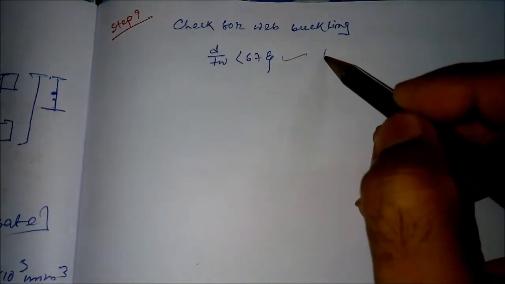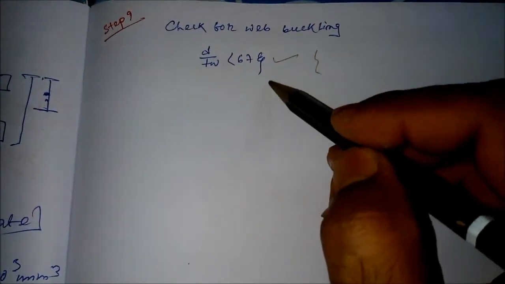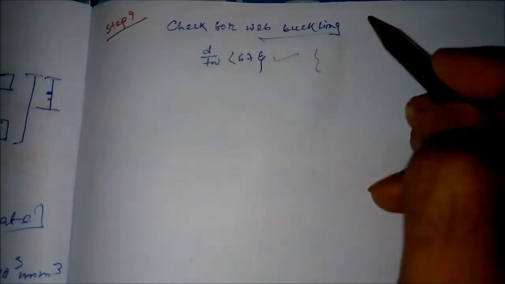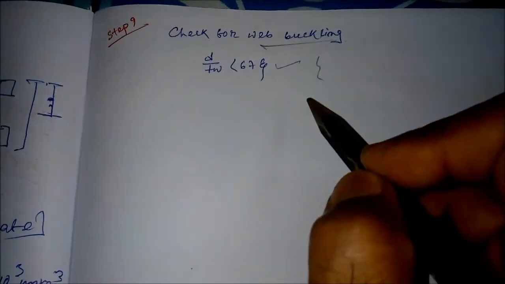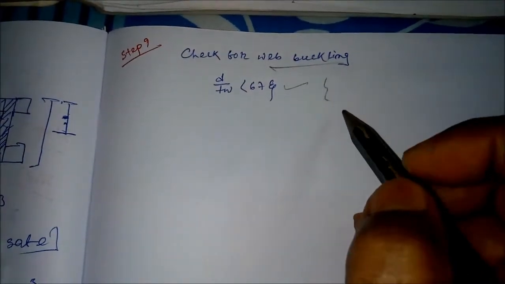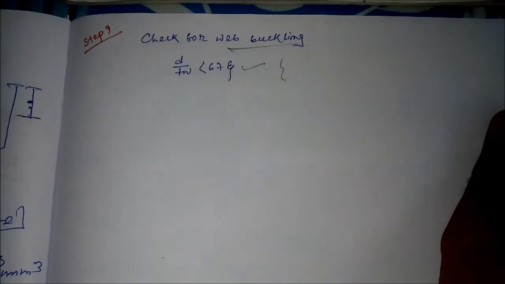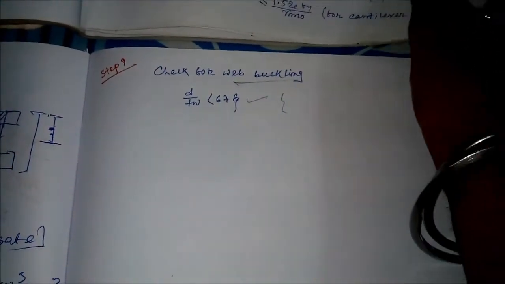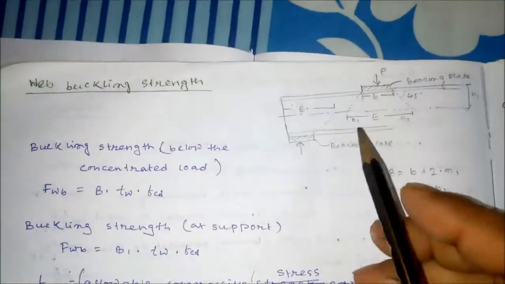I have already told you that for this case the web buckling check is not necessary, but because this is a high shear case, we may check for web buckling. In the last example we did the web crippling part. Now let us find out how to check the web buckling.